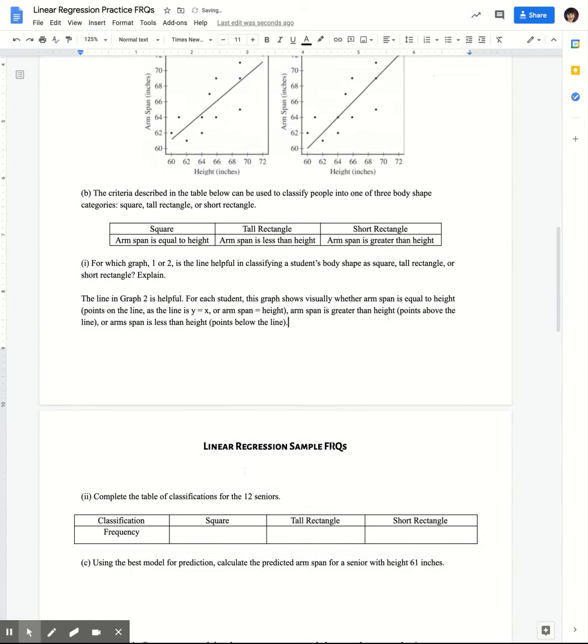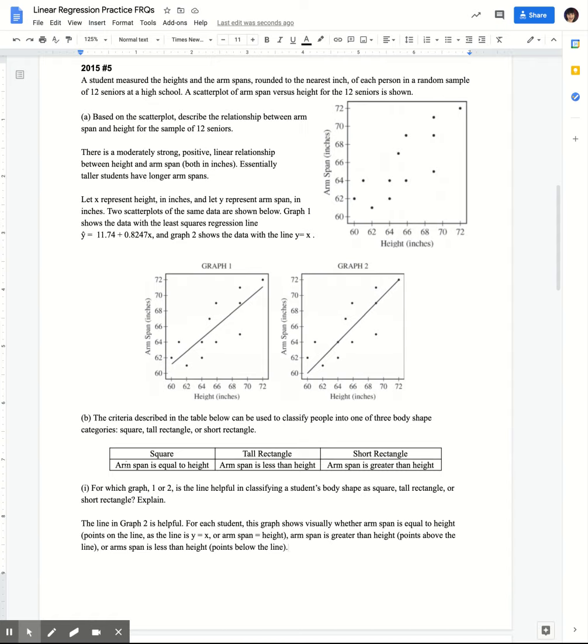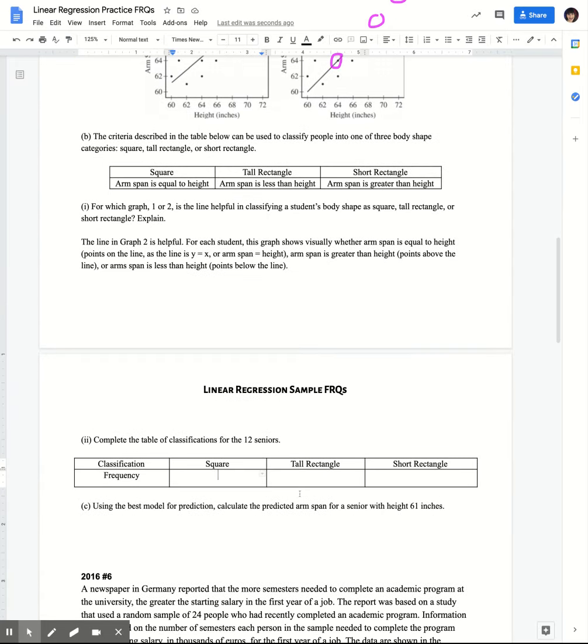Okay. All right, then they want us to complete the table of classifications for these. So I'm going to use graph number 2 and see how many people fit in this square category, tall rectangle, and short rectangle. So for the square, there's three people that fall on the line. 1, 2, 3. So I would put 3 here.